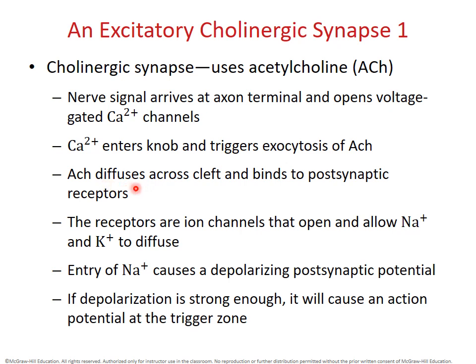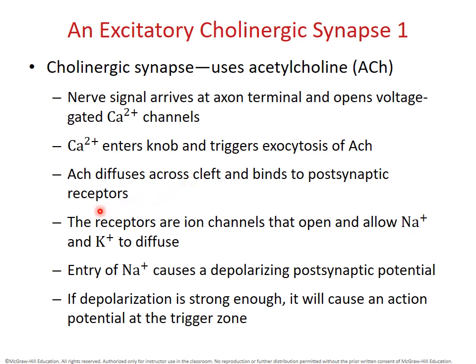As we know, acetylcholine diffuses across the synaptic cleft and binds to the acetylcholine receptors in the postsynaptic membrane. This can be, again, in the muscle cell, in the motor end plate, or if we're talking neuron-neuron type synapse, then it could be acetylcholine receptors on the dendrites, say, for instance, of the postsynaptic neuron.